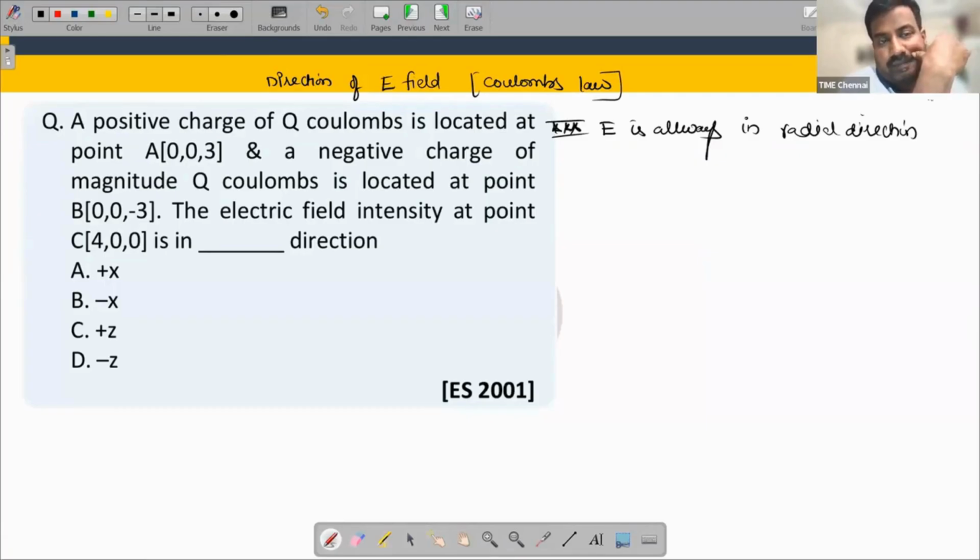Apply that concept here and try to find the answer.